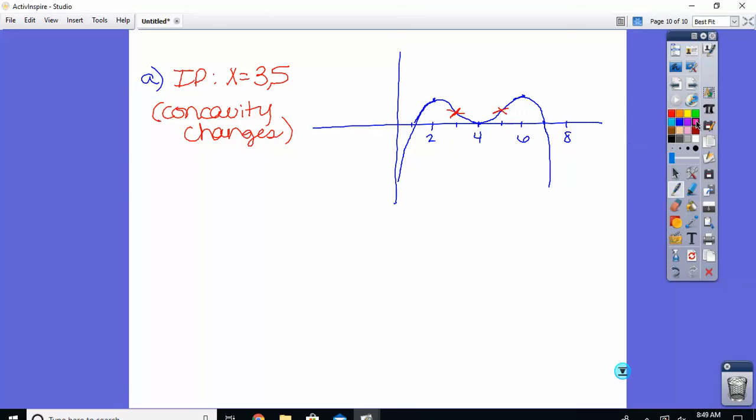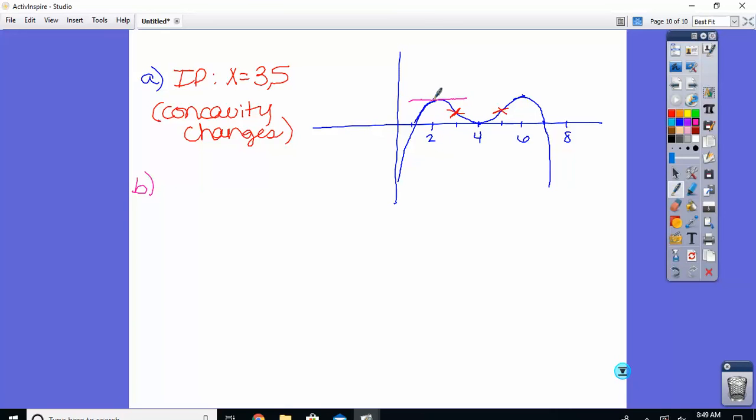Okay, for B, it says, now this is the first derivative. If this is the first derivative, the inflection points will be where its derivative is 0. Where will the derivative of this be 0? The maxes and mins.